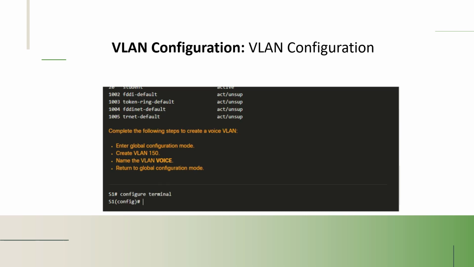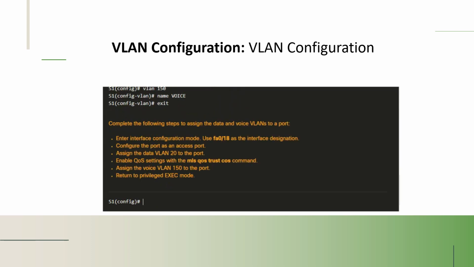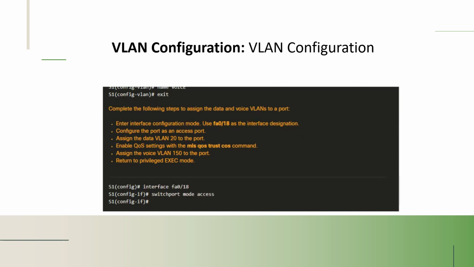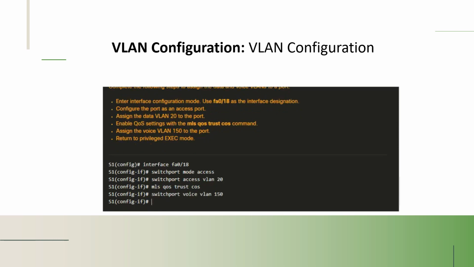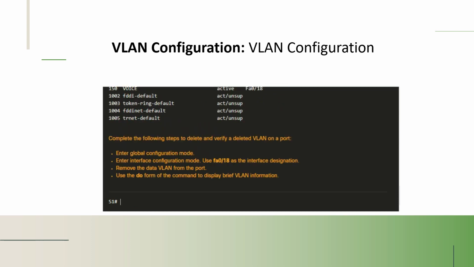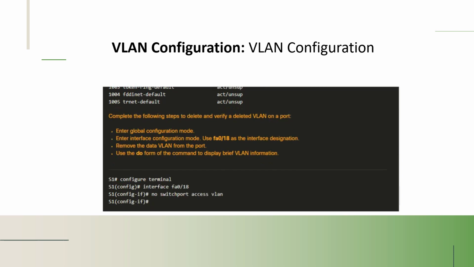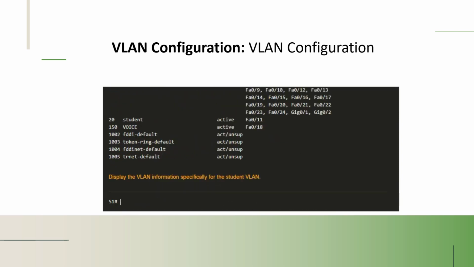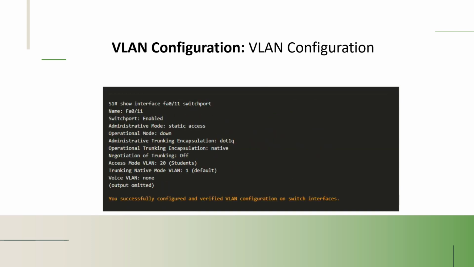Now we have to create VLAN 150 for the voice VLAN. And now we are to assign FastEthernet 0/18 to VLAN 20 and VLAN 150, and we have to put that port in access mode for VLAN 20 and secure it for the voice traffic. So here we are doing all the requirements that are specified in the syntax checker.